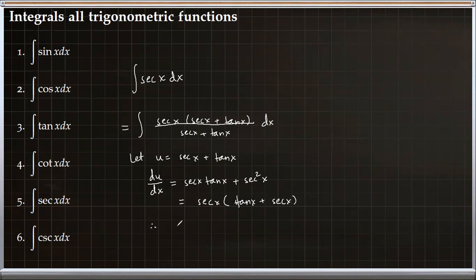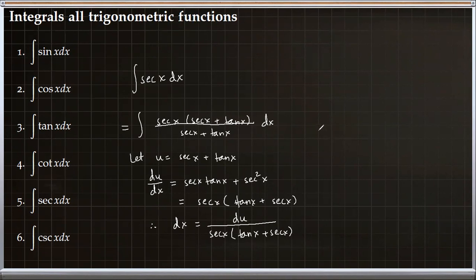So therefore, from here we see that dx equals du divided by secant x times tangent x plus secant x.